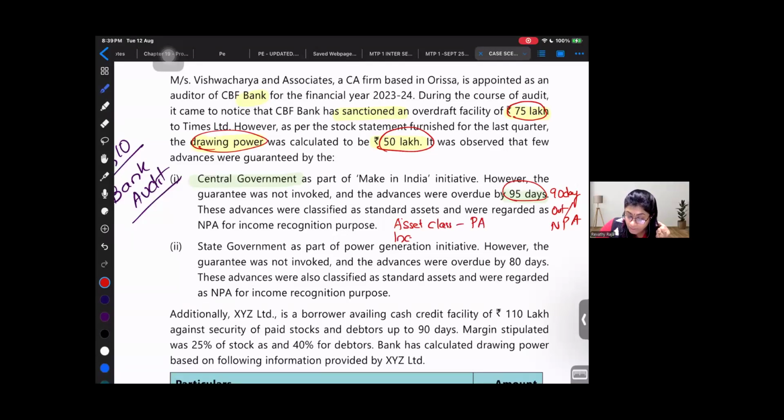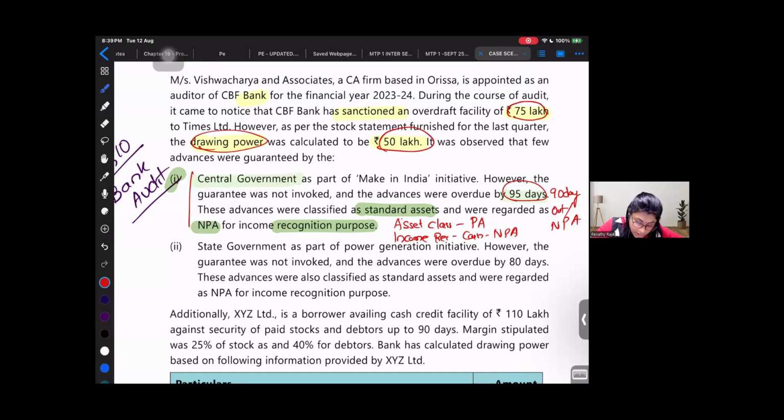However, income recognition will be on what basis? Cash basis, meaning like NPA. So this statement says the asset will still be standard. However, for income recognition, it is NPA. Correct or incorrect? Statement 1. Central government, na?